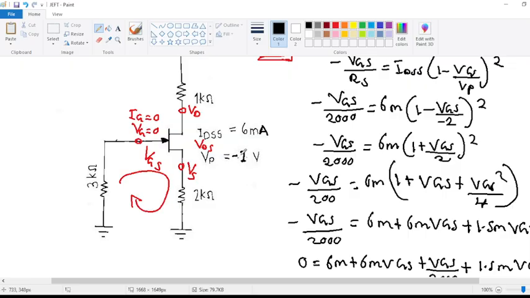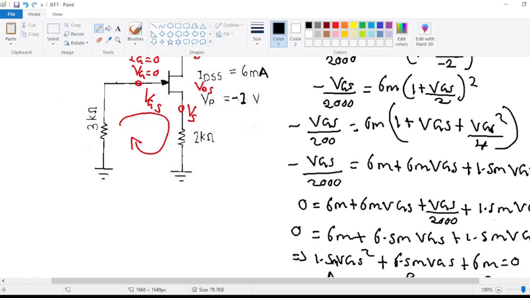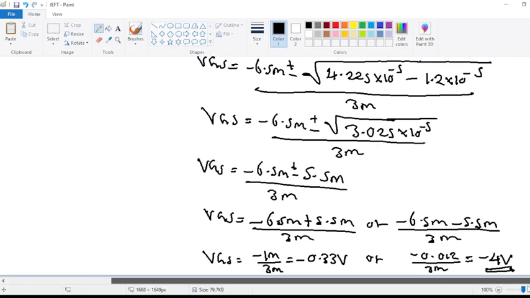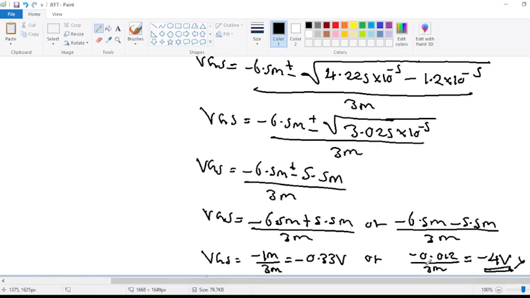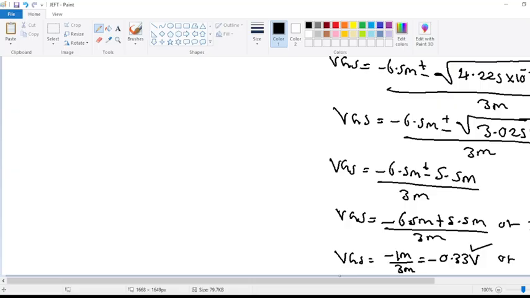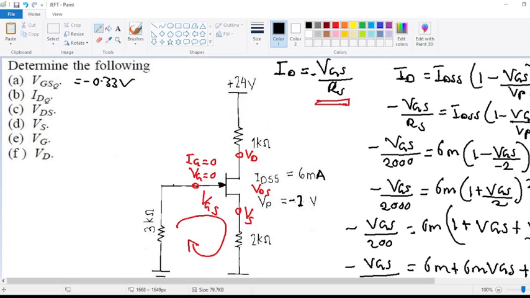So the negative 4 that you calculated won't be our answer. The correct answer is the one in line with the negative 2 VGS off, so negative 0.33 volts becomes our answer for the VGS.